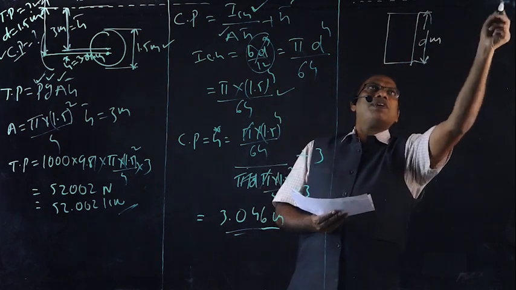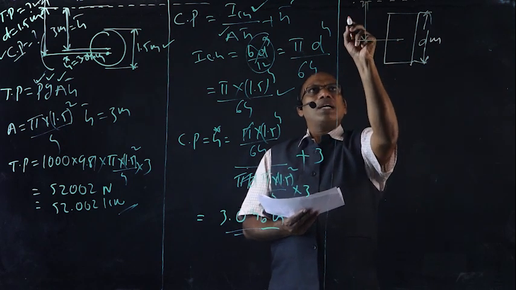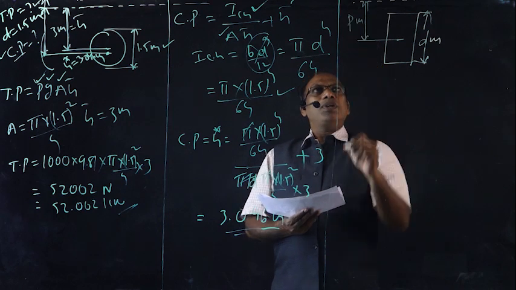Suppose this is the sluice and this is the water surface. The centroid of this is p meters below the water surface.